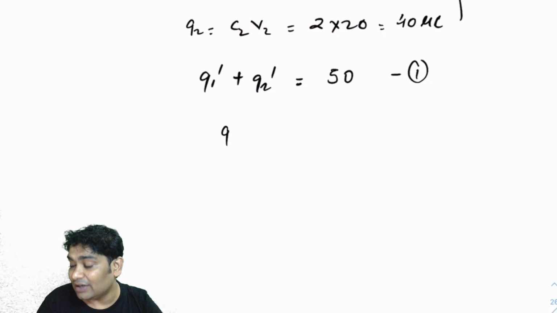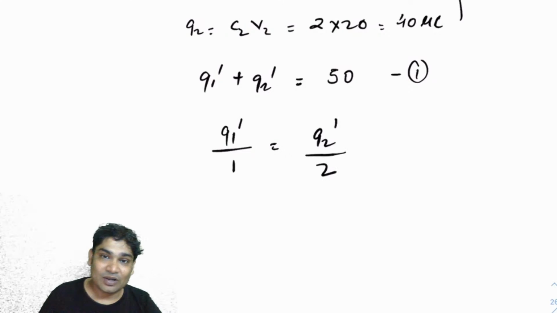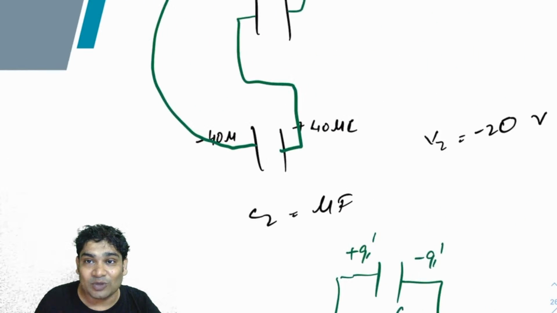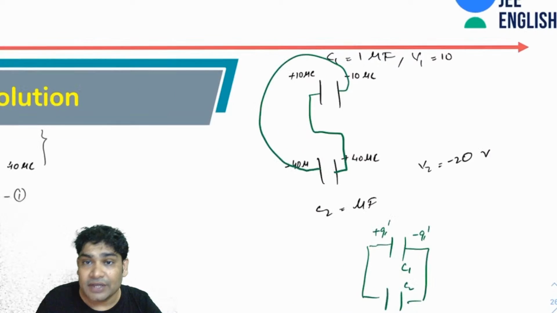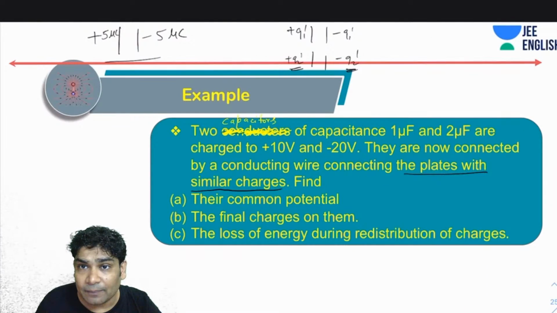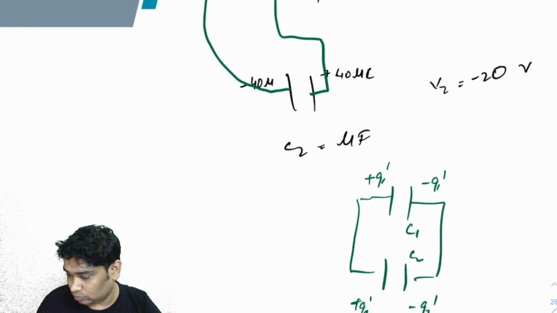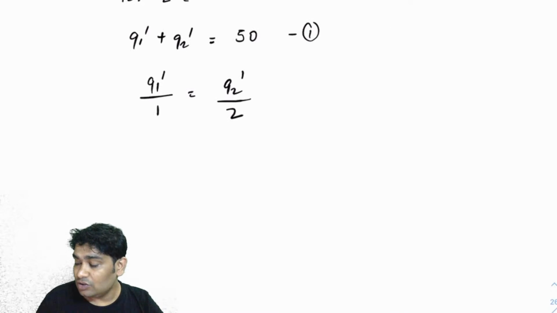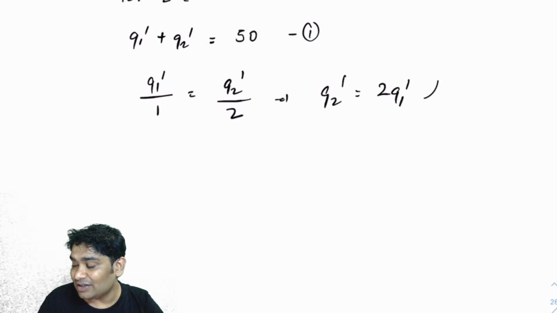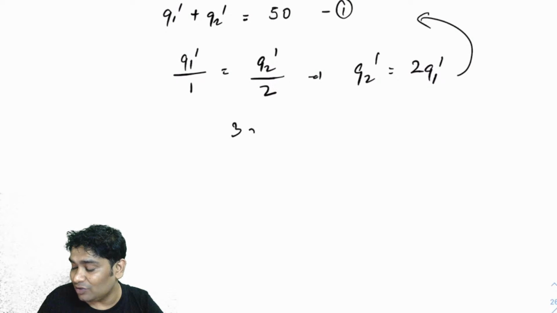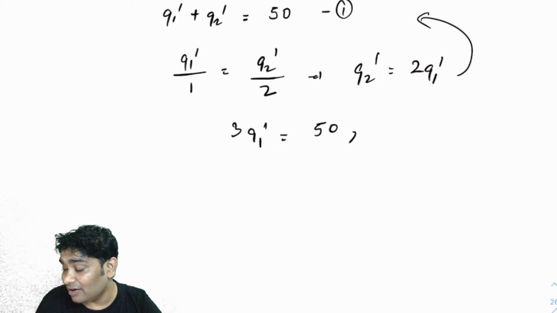Also I could have said that Q1 dash over 1 equals Q2 dash over 2. Why? Because the potential difference across both would be the same. C2 was 2 microfarad, right? So from here I can say that Q2 dash equals 2 Q1 dash. Substituting this here, I get 3 Q1 dash equals 50. So I am getting Q1 dash equals 50 by 3.